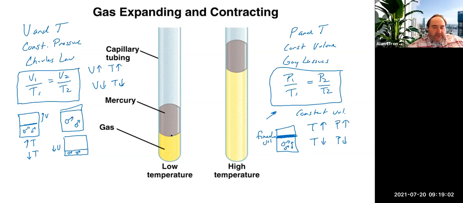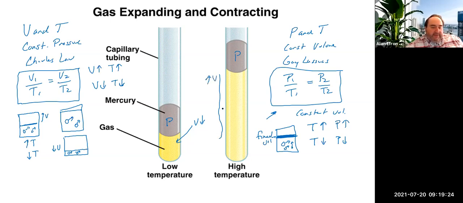That is what we see here when we look at our pressure. Pressure is constant in both cases. At a lower temperature, we have a much smaller volume. At a higher temperature, in order to keep that pressure constant, we need a much bigger volume.